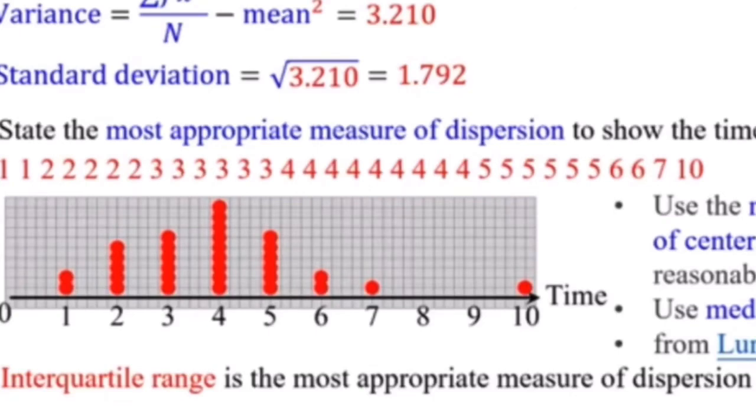In this case, because the dot plot is skewed to the left and 10 is too far from the data, we just make the assumption that 10 is the extreme value. As I said, in general, the interquartile range is more meaningful and is the most appropriate measure of dispersion when there is an extreme value.